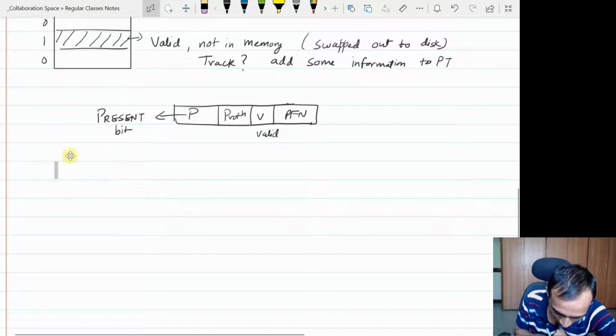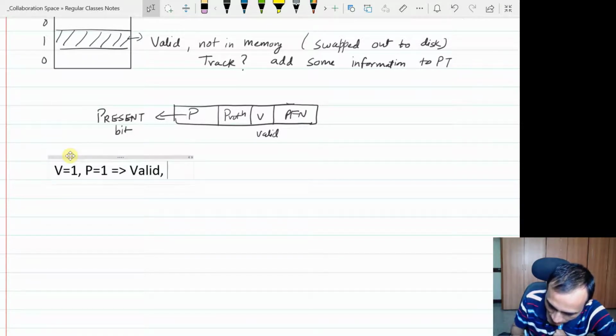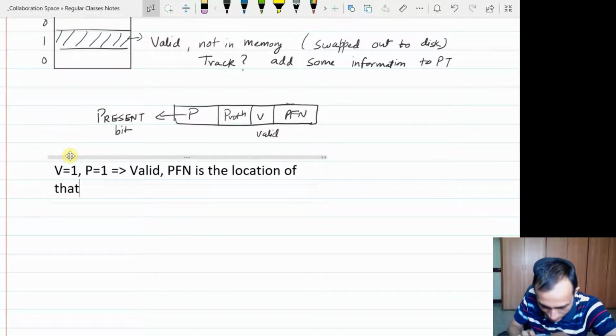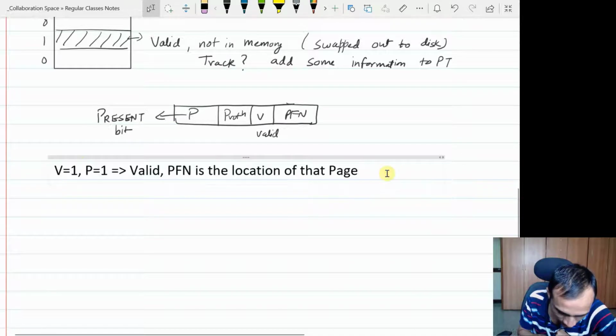So you may have valid bit 1, and only when you have present bit 1, that means it is a valid page and the PFN is the location of that page. So the hardware can fetch that page whenever that page is being referenced.